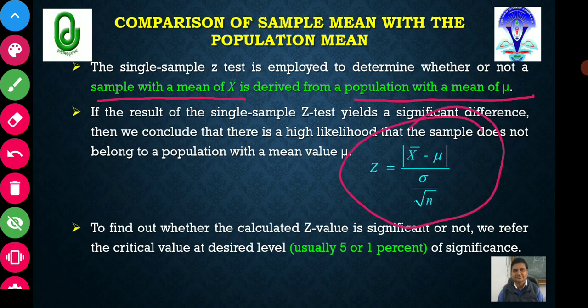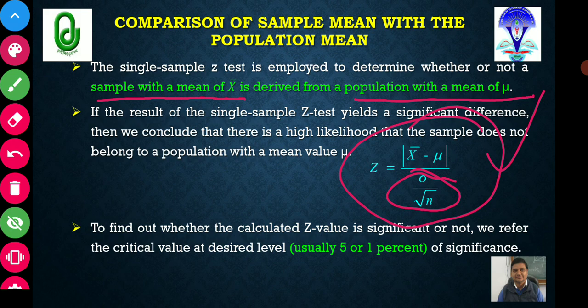In that case, you have to apply this formula. Z is equal to X bar, that is sample mean, minus population mean, divided by standard error. This component is the standard error: standard deviation divided by the square root of the total number of observations. This is the formula for Z test.